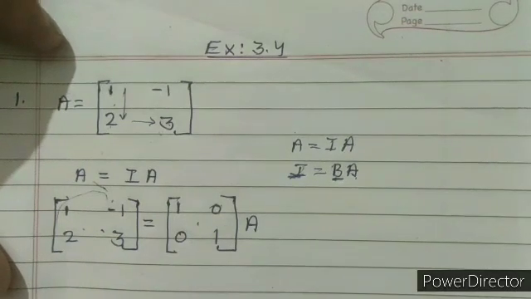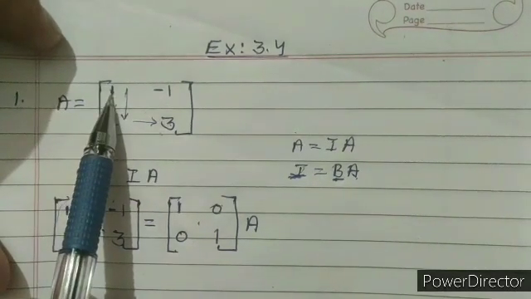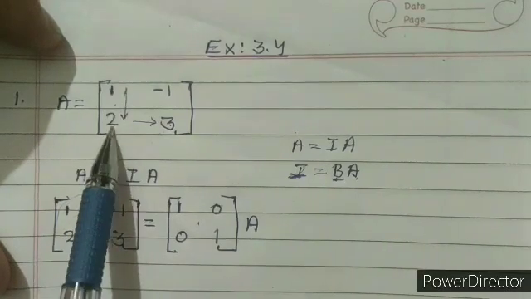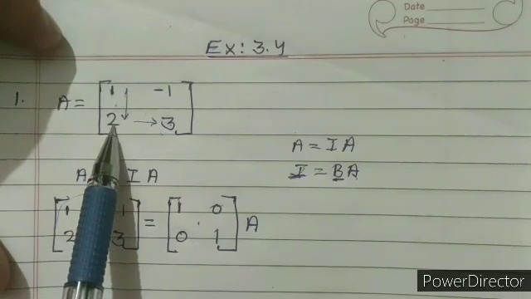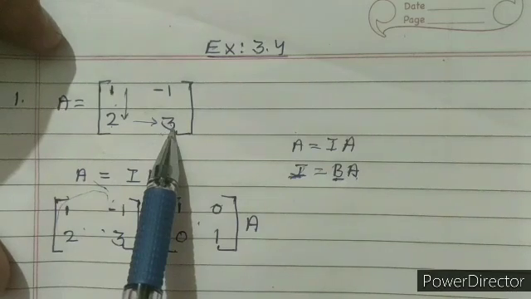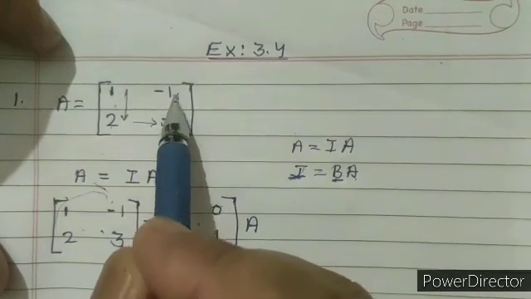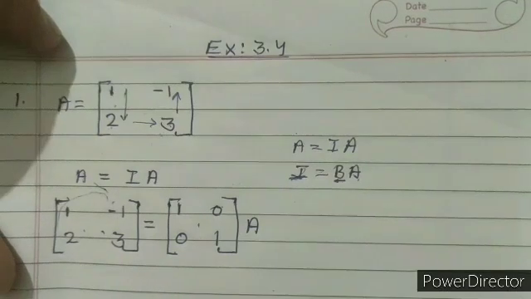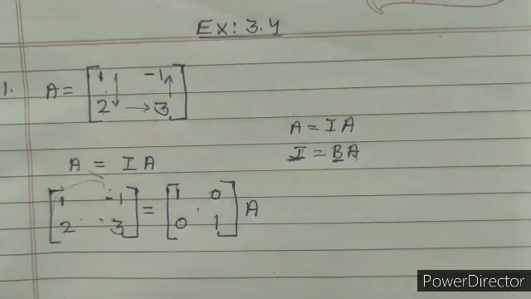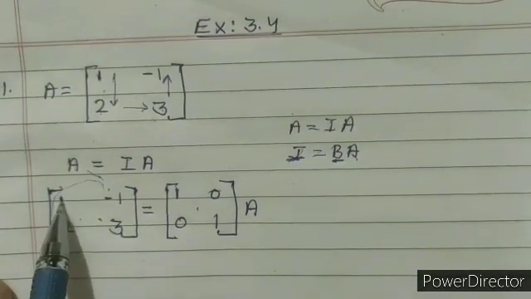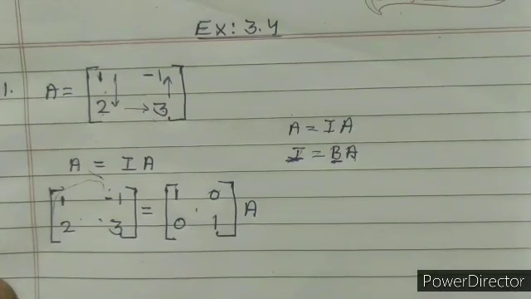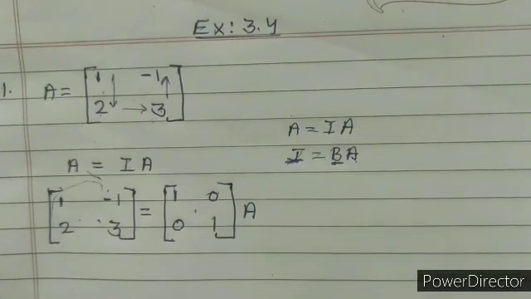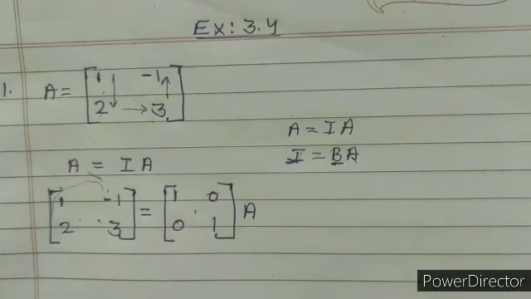Now for our convenience, first of all we will convert the first element of row 1, then the first element of row 2, then the second element of row 2, and at last we will convert the second element of row 1. Here I am applying row transformation. For that you must keep in mind that you can't apply row and column transformation both in the same question.